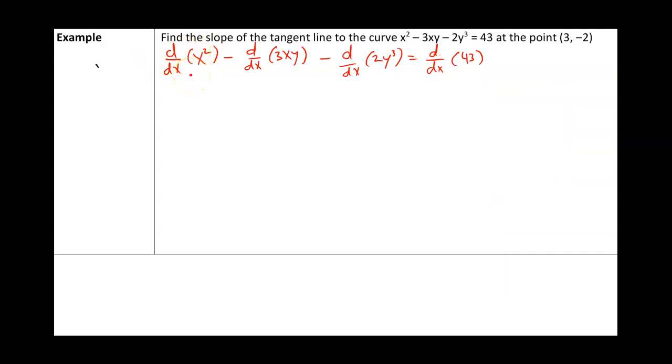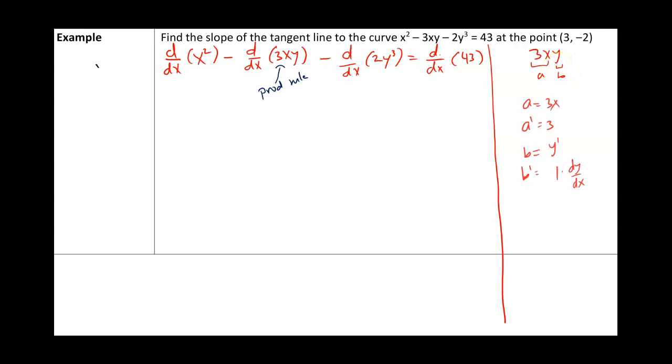Now, I see that here we have a product rule because we have 3 times x times y. And whenever we have the product rule, we need to account for that. So on the side, I'm going to set up the product rule. I'm going to call the first part 3x, that's term A, and the second part term B. A is 3x, and its derivative is 3.